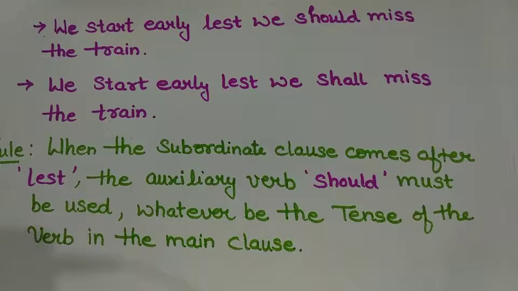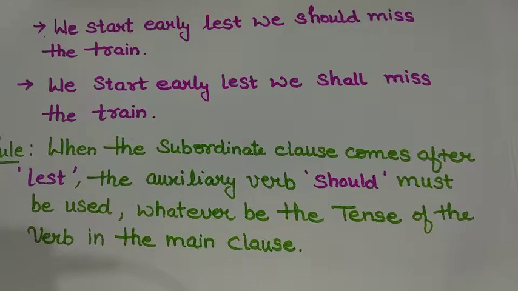Moving on to the second one. Here the example says, we start early lest we should miss the train. Or the sentence can be written as, we start early lest we shall miss the train. Now this rule is something to learn. When the subordinate clause comes after the word lest, the auxiliary verb should must be used there, whatever the tense of the verb in the main clause.